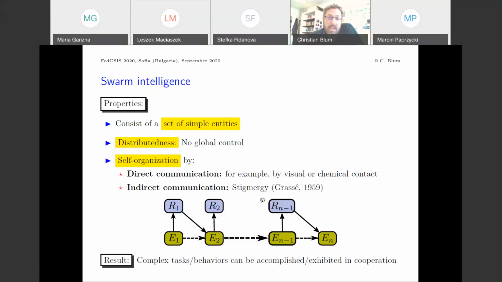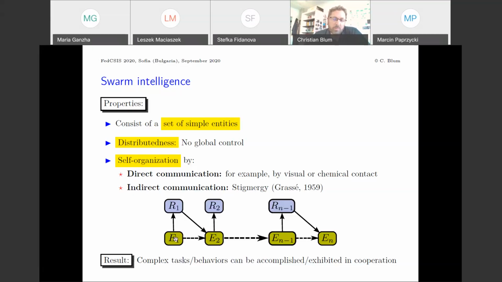This was labeled stigmergy by a French biologist called Grassé in 1959. And this graphic here shows basically how it works. E means environment, R means response, response of the colony, for example.